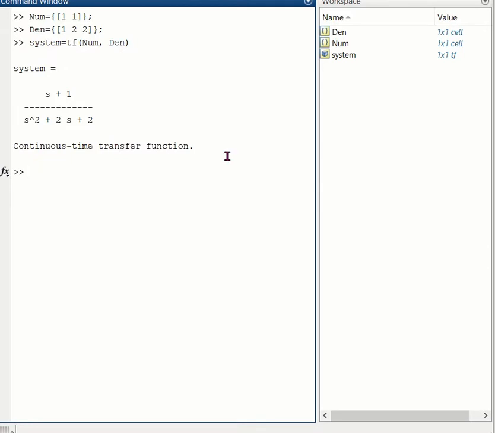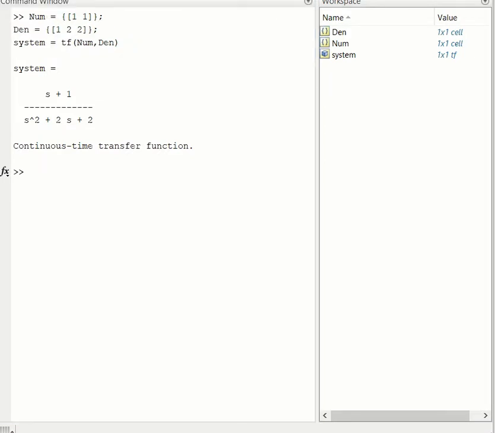Likewise, you can define systems having more outputs, and that will have a separate representation, which I'll try to show after I complete this example. Now for this, we are interested to find the state model for the given transfer function. For finding the state model, we have a simple command.